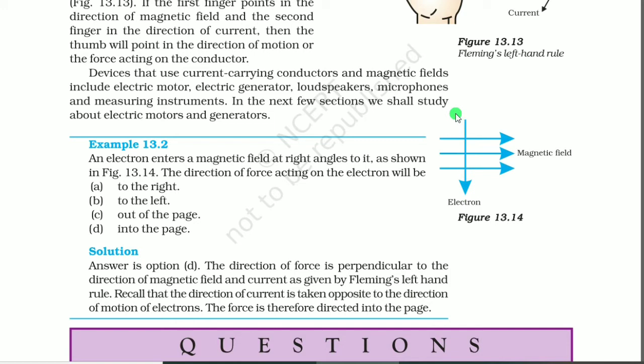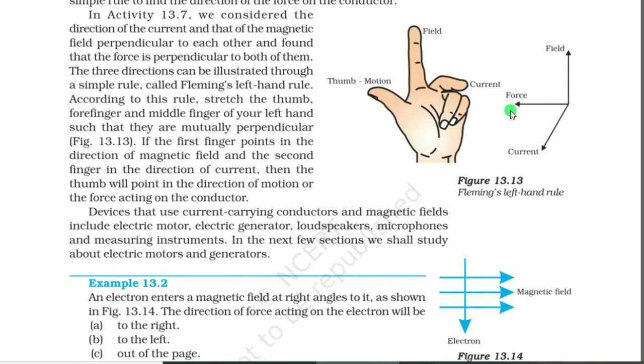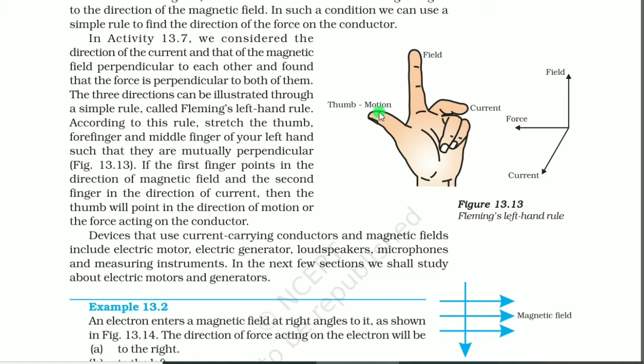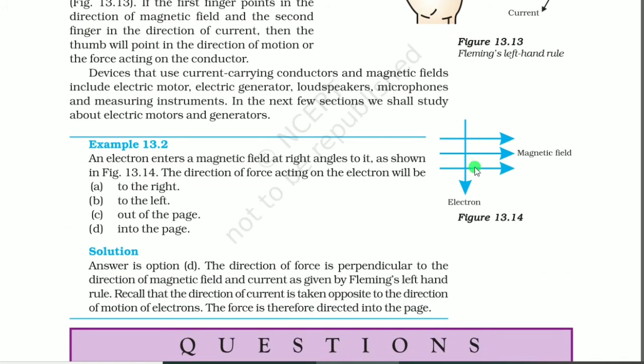And now take your left hand. Now align your 3 fingers, that is the thumb, the index finger and then the middle finger, perpendicularly. If we go to this figure then you can understand. Okay. Now first of all, any one of the directions you have to just match. Suppose the magnetic field.